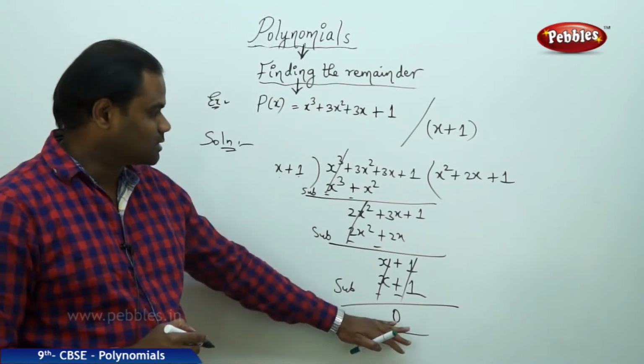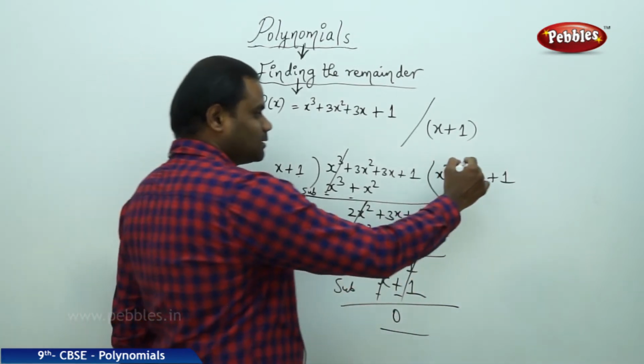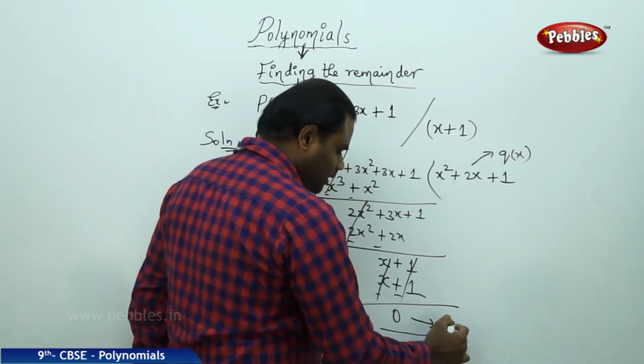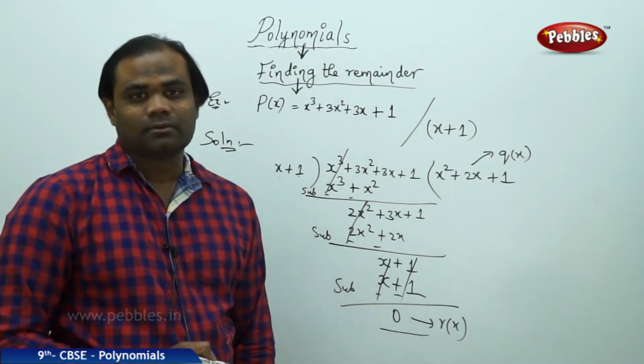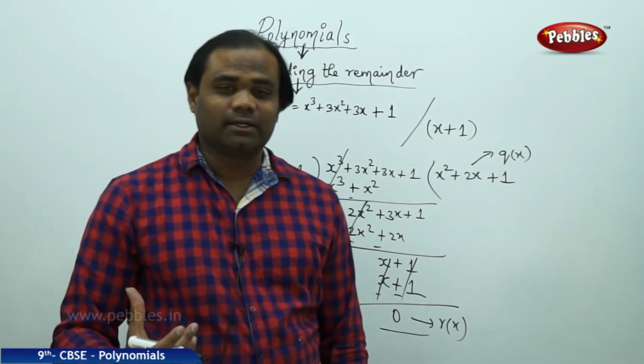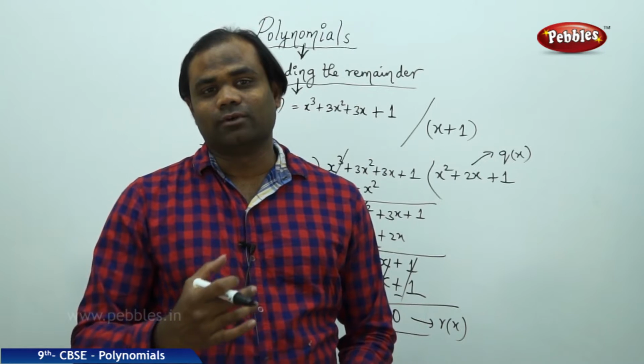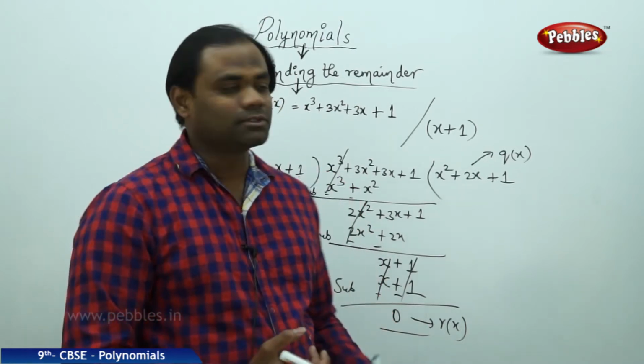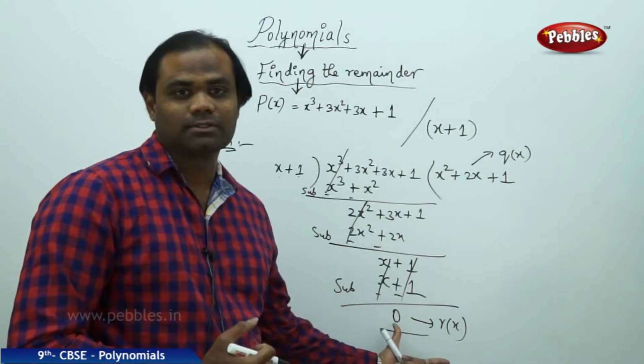So with the end of this, I understand that this is my q of x and this is my r of x. This is how we identify the quotient and the remainder for the given polynomials divided with each other. The long division method is what we call this.